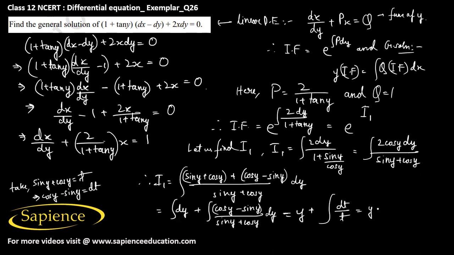So we get y plus log base e mod t, where t is sine y plus cos y. So this will be the integral I1.